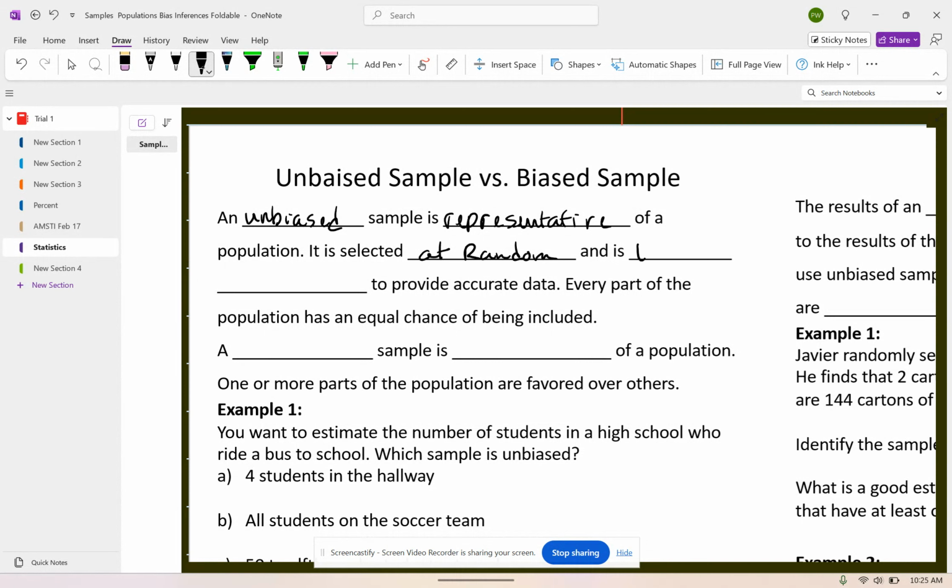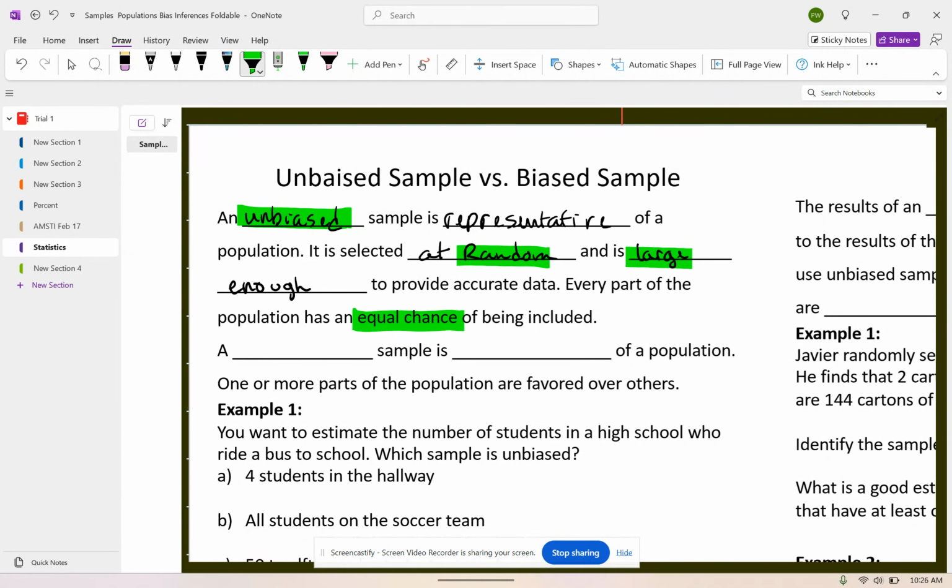And it is large enough to provide accurate data. Every part of the population has to have an equal chance. So, unbiased, we're looking for random, large, and equal chance.